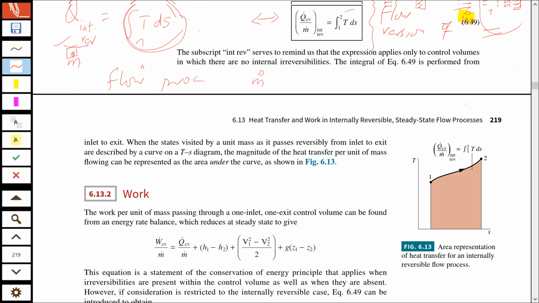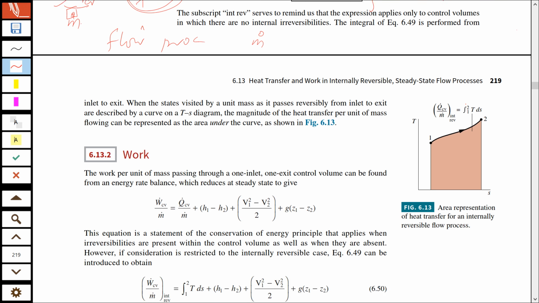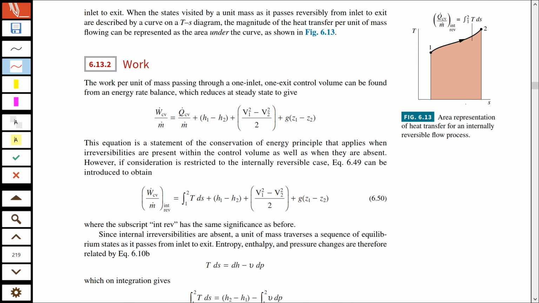Now this whole reasoning can be repeated for work transfer. Just like we had an expression for q dot over m dot for flow processes, we will have an expression for w dot over m dot, work transfer over m dot. And because you are using one inlet, one exit control volumes, you will again start with the energy rate balance.